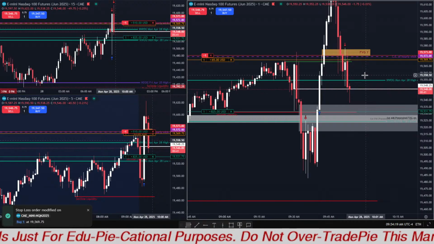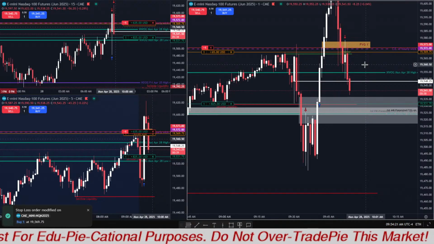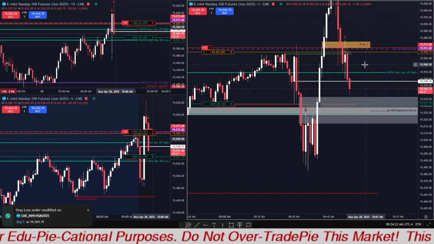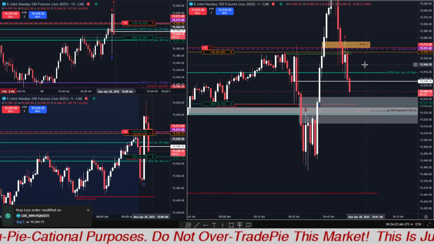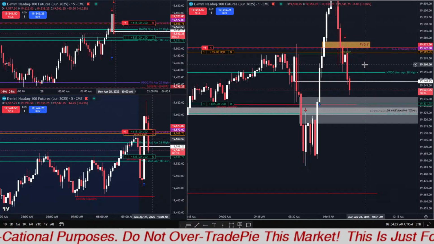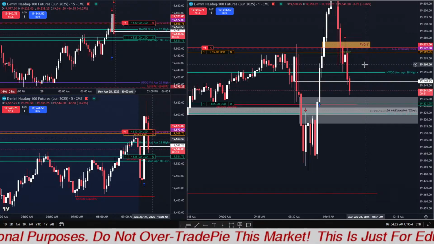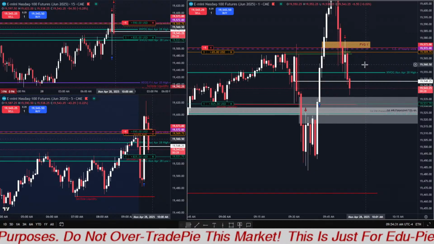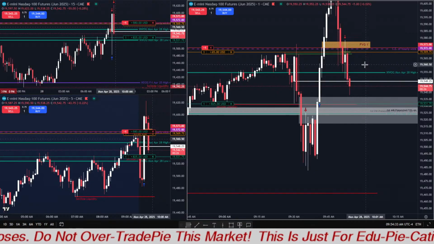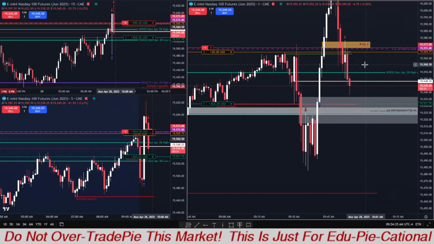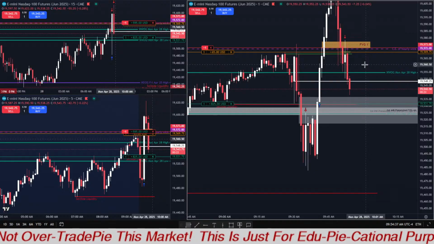So if the market returns, I don't have any price paying to the market. Just above the first presented fair value gap of today.